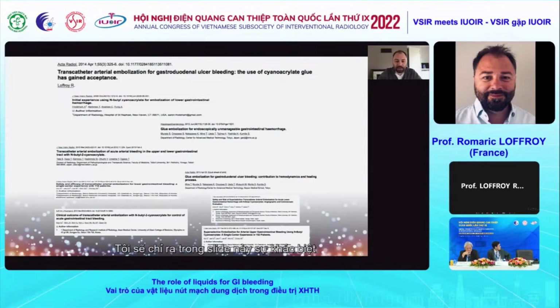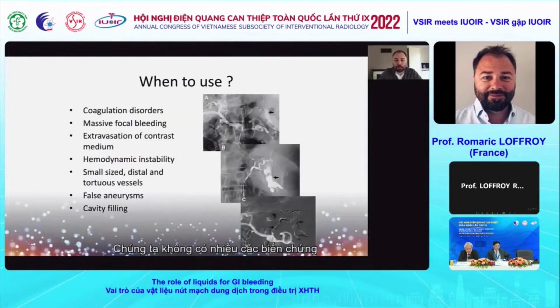I show you on this slide the different papers published recently, and we have even more papers than that, especially in Asian countries, meaning that glue can be very interesting for both upper and lower GI bleedings with no more complications. I will show you why.